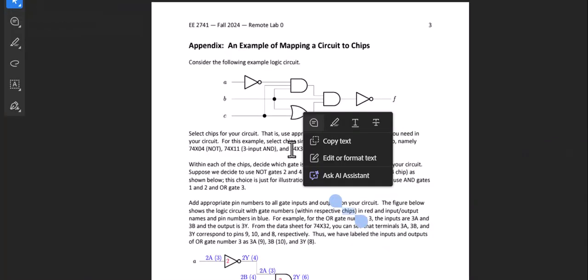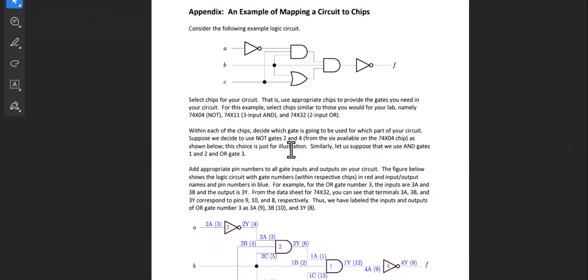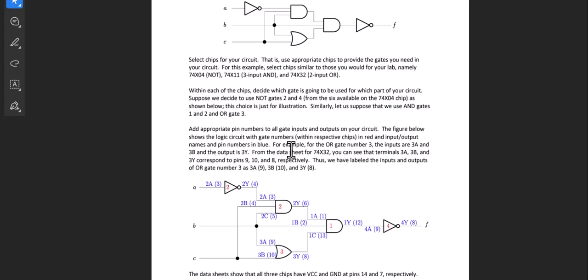If you look at the way this is set up, you put the letter, like the A or the B first, and then you put in parentheses what pin it is.